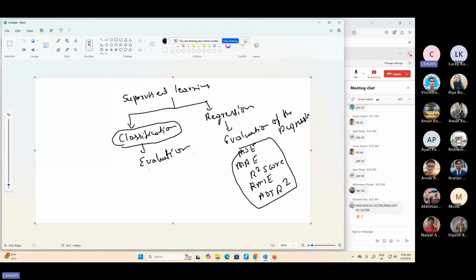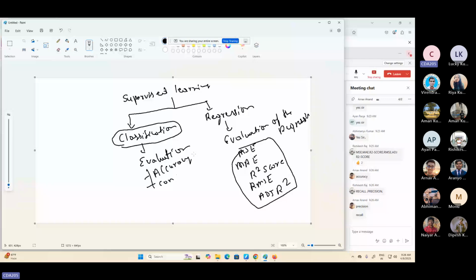Now, can anyone tell what the evaluation metrics for classification are? Okay, precision, recall. So the first thing is accuracy. Second is the confusion matrix.